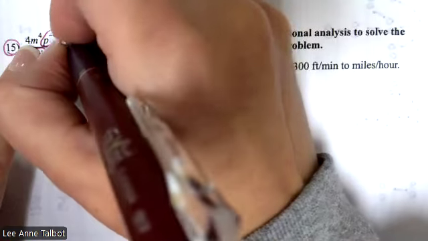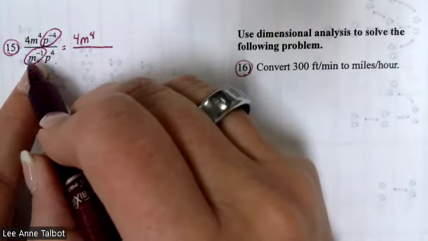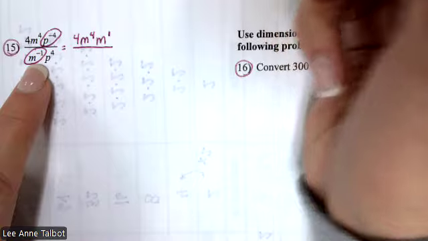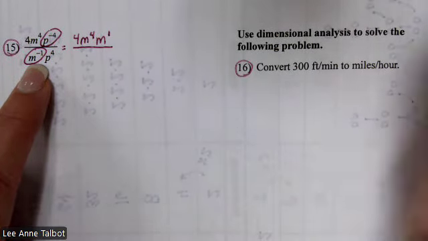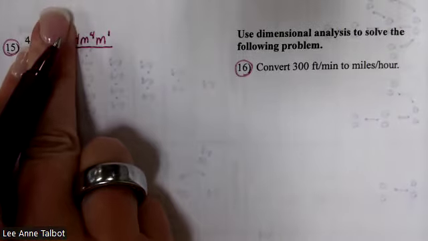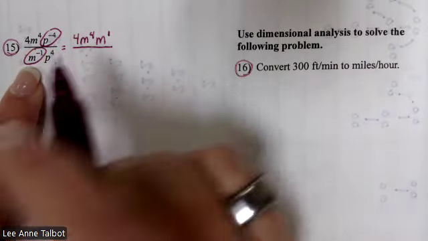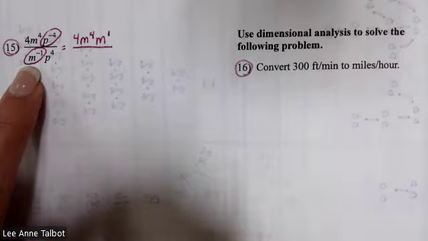So 4m to the fourth is going to stay on top, and m to the negative 1 is going to come upstairs and become m to the positive 1. Let me say that again. 4m to the fourth is going to stay on top. M to the negative 1 is going to come upstairs and become m to the positive 1.